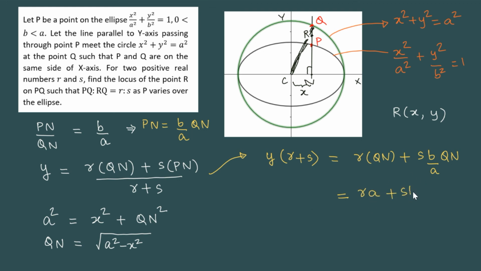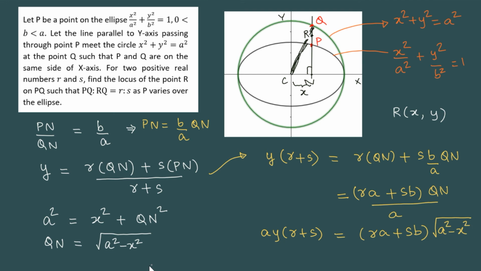I'm taking QN as a common factor, so that gives Ra plus Sb, divided by a. This a can also be taken to the left hand side, so I have ay into R plus S equal to Ra plus Sb times QN. Now we have the value of QN in terms of x and a, so we can substitute that here.